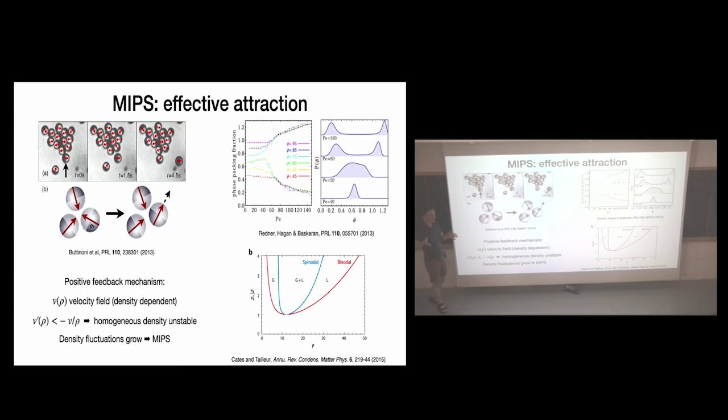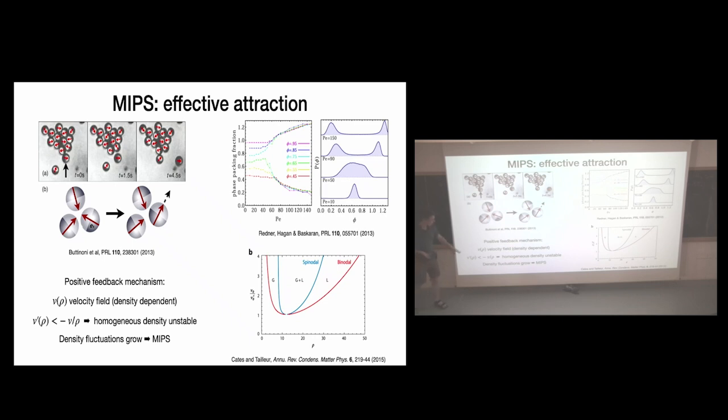Therefore you need a time to escape this configuration and then to melt the cluster, whereas for Brownian particles this would never happen. This induces positive feedback and gives you a velocity field which is density dependent, meaning that you have a correlation between velocity and density, which is totally forbidden at equilibrium because of the equipartition theorem.